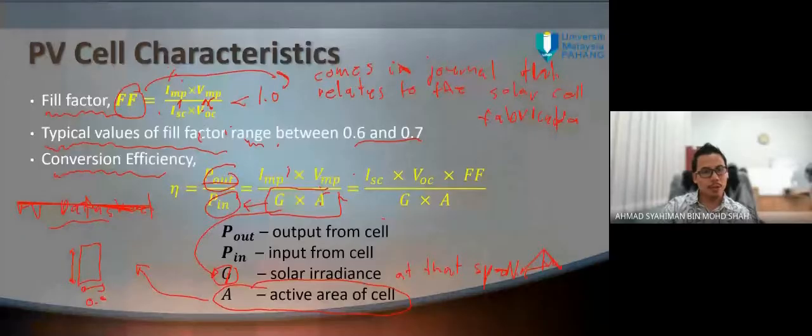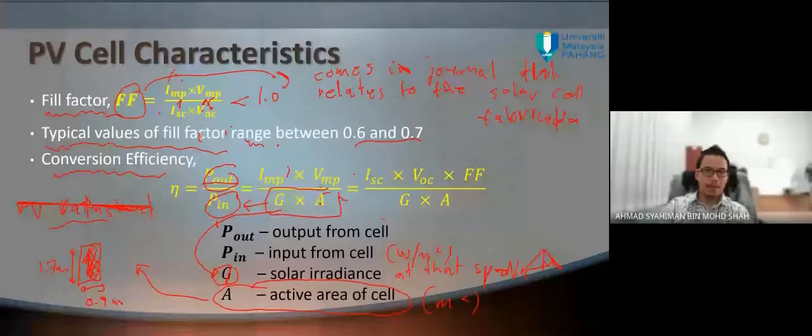For example, this is 0.9 meters and this is 1.7 meters. So the active area is 1.7 multiplied by 0.9, in unit square meters. The irradiance, you know already, is watt over square meter.